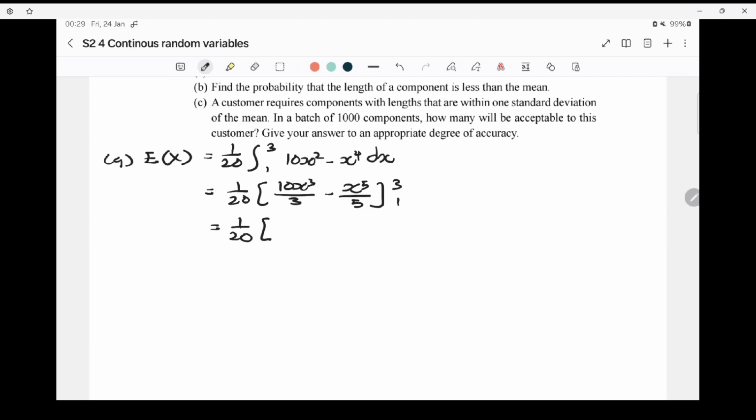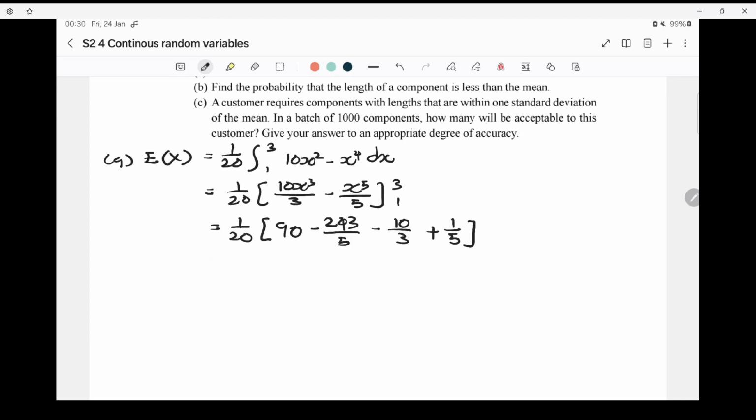So let's do this properly as well, so that I don't make any mistakes. Ten times 3 cubed divided by 3. So the first one is 90 minus 3 to the power 5, 243 over 5, minus 10 over 3 plus 1 over 5.